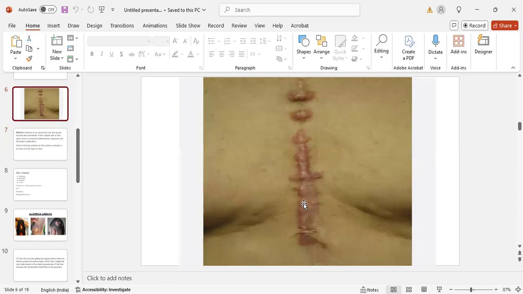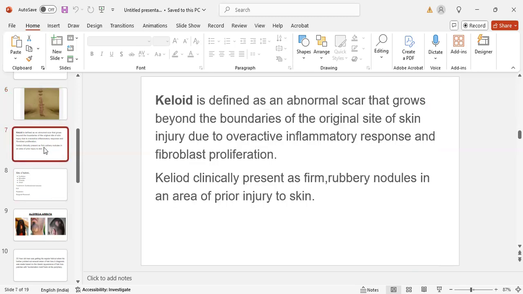We have to keep in mind, if such patients have a keloidal tendency, you have to tell them to take care of themselves. They should not get any injury because the body has a tendency to form keloids. And if you are doing any procedure on such patients, you have to take care of that tendency.